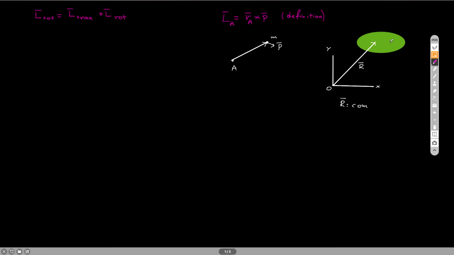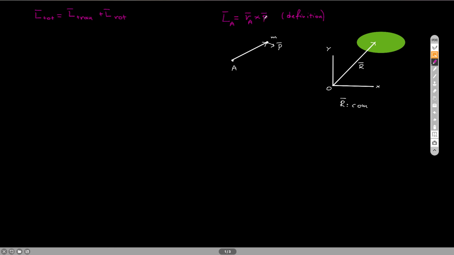For each one of those, you can apply the definition of the angular momentum, r cross p, and then you add all of those angular momenta to get the angular momentum of the entire object. Okay, let's erase this. I do want to emphasize, this is the definition.